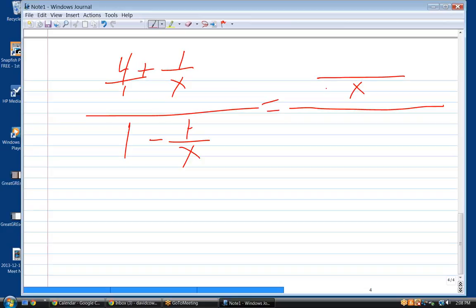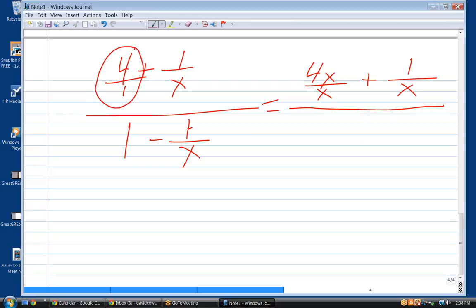So let's do this so that we have that over x plus that over x. There's the 1 over x. What's this going to be? 4x over x. Remember, it has to equal 4.